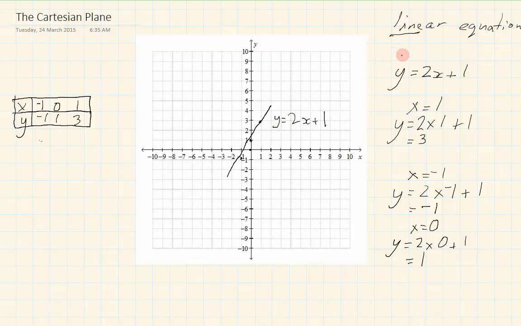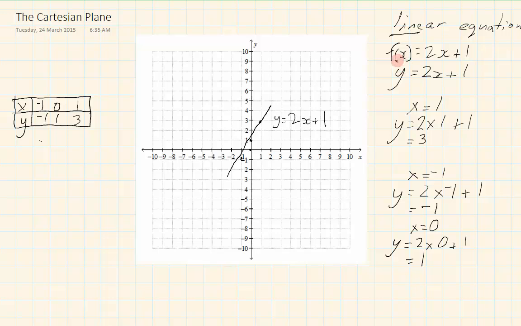Now, in your book, you'll also see, rather than just y equals 2x plus 1, you'll also see this, f(x) equals 2x plus 1. Now, just for the sake of what we're doing now, these are equivalent. So where you see f(x), it's basically meaning we're working out what our y values are. But this f(x), that's what they call function notation.